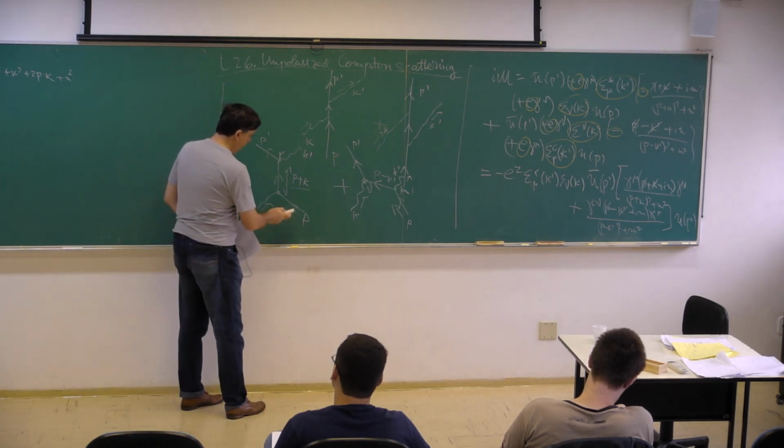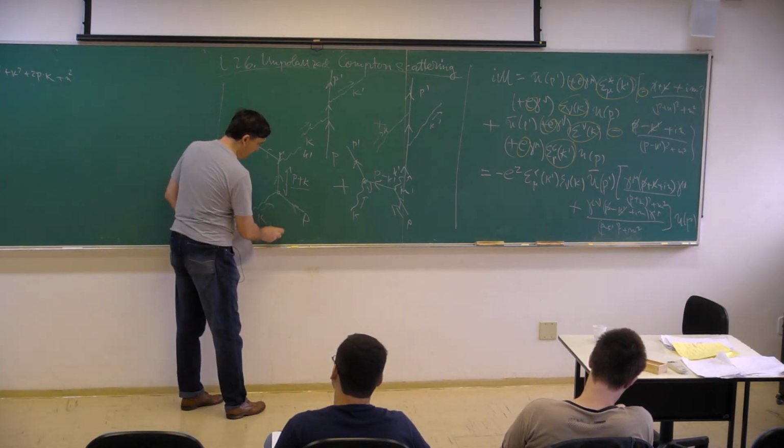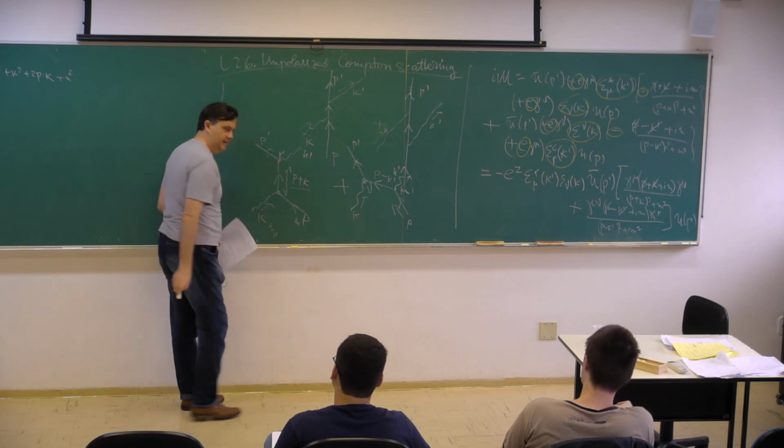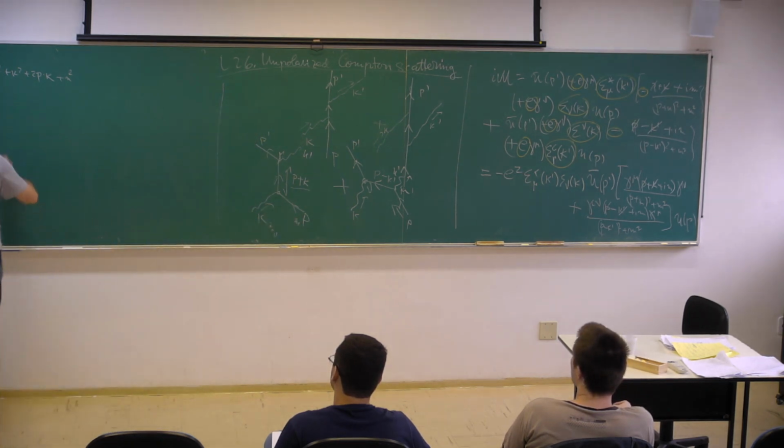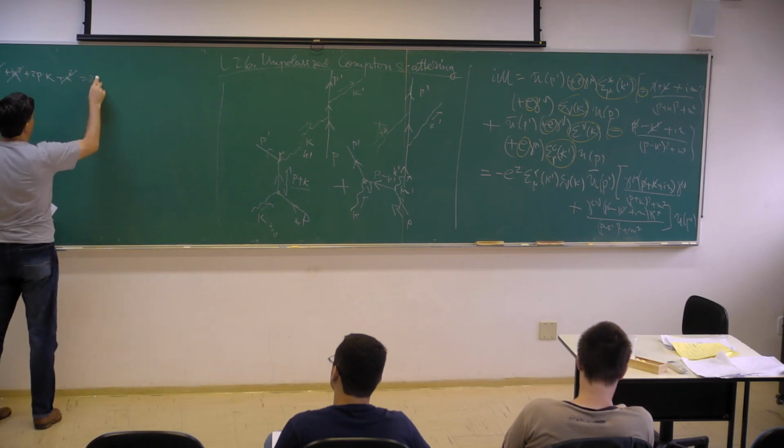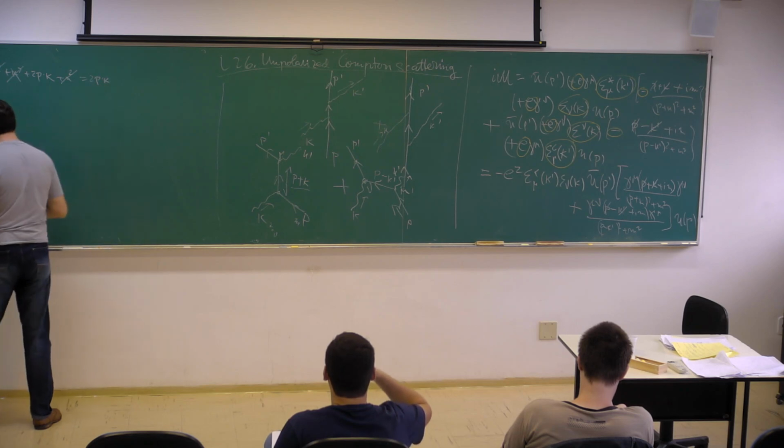This is a photon, so it has zero mass, and this is an electron, so it has a mass m. P squared plus m squared then is zero, and also k squared is zero. This is 2pk.